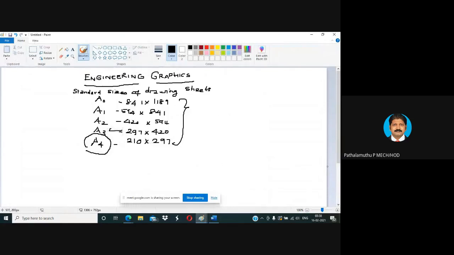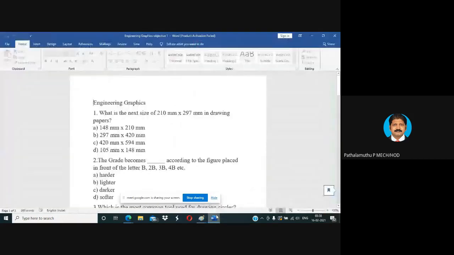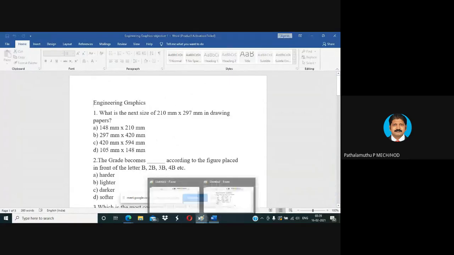So for the first question, the answer is B, 297 into 420 mm.